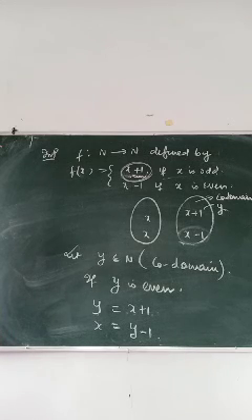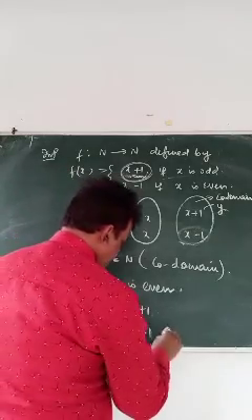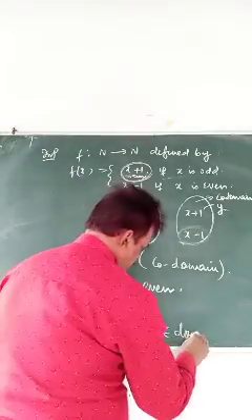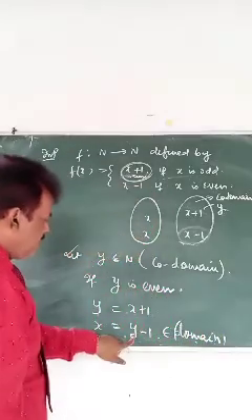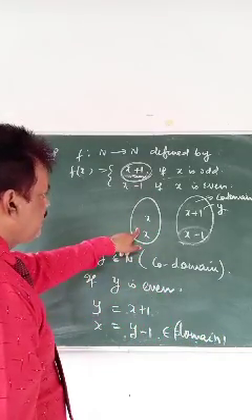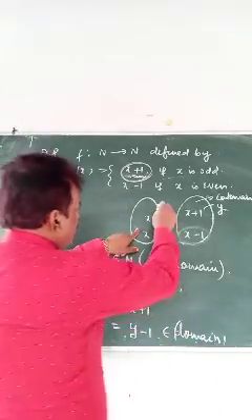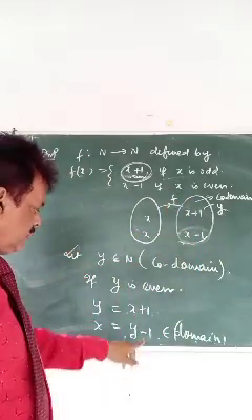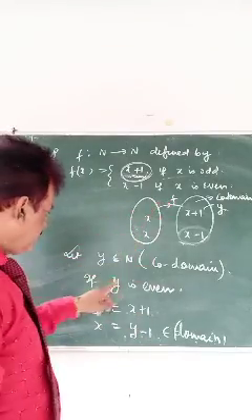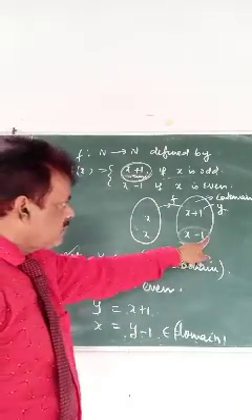So y minus 1, this now belongs to the domain. If this element is present here, this element is carried by f, where is the y now? Y is in the codomain.